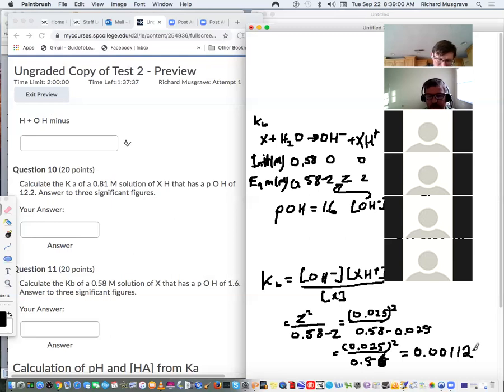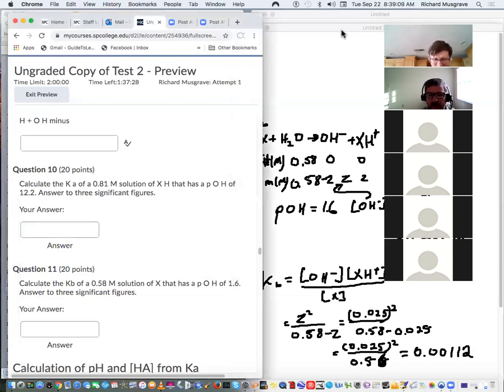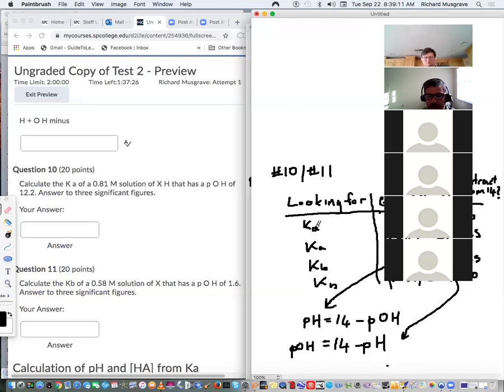Does anybody have any questions? So you need to understand that questions 10 and 11 can be any combinations from this table. You can have Ka and be given pH, Ka and be given POH, Kb and be given pH, or Kb and be given POH. And you have to be aware of what you're going to have to do to get what you need at the end. It all depends on what you're given and what you want.